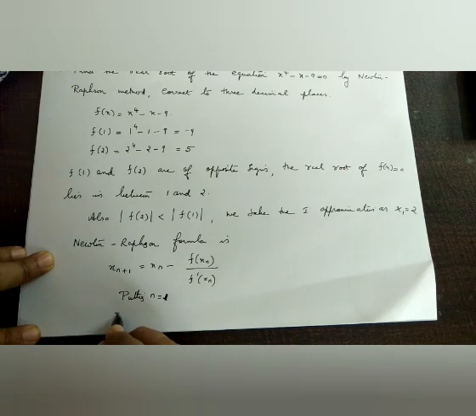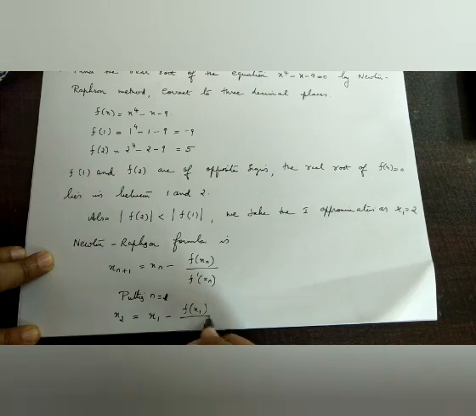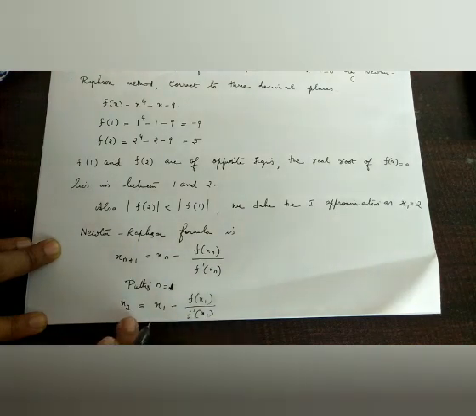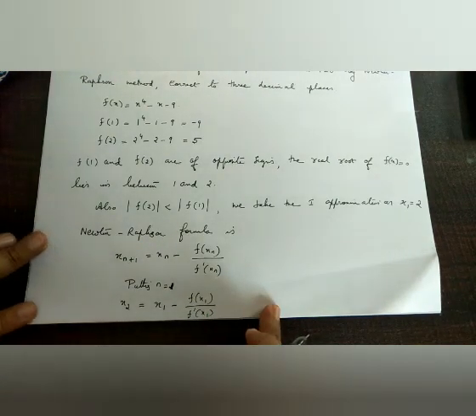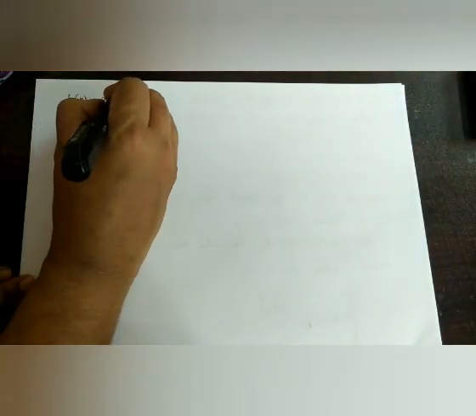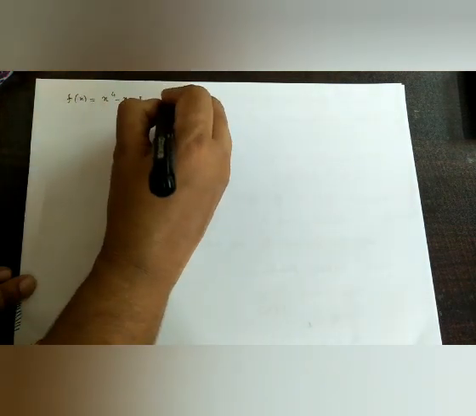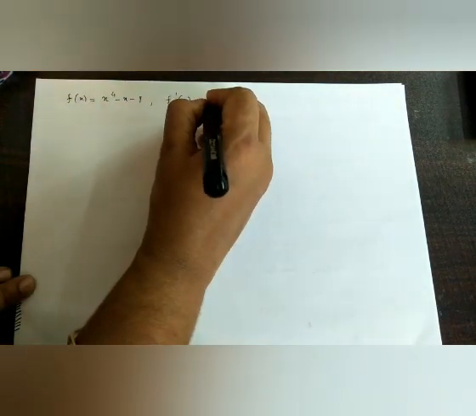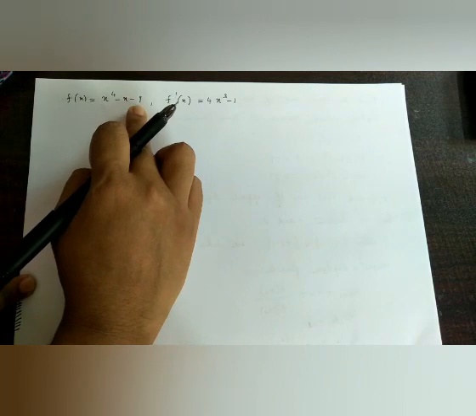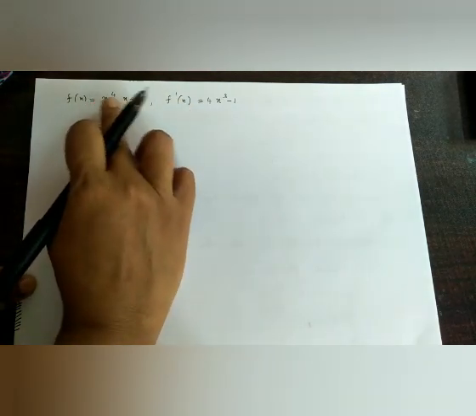We will get x2 = x1 - f(x1) / f'(x1). So we have to find f(x1) and f'(x1). Here f(x) = x^4 - x - 9, and f'(x) = 4x^3 - 1.